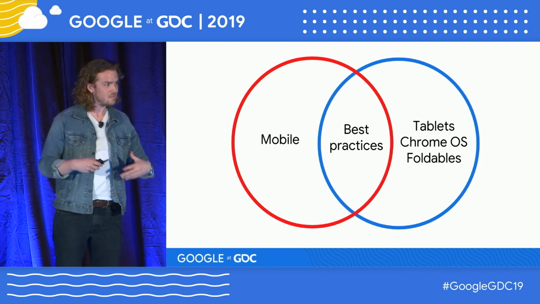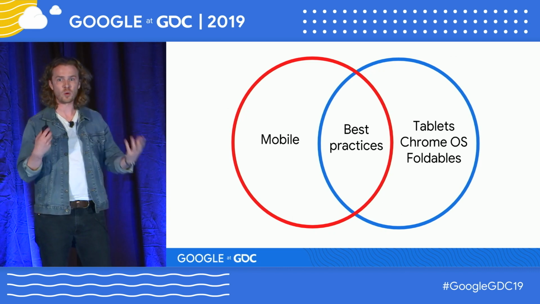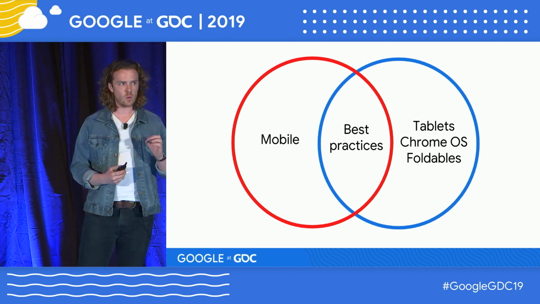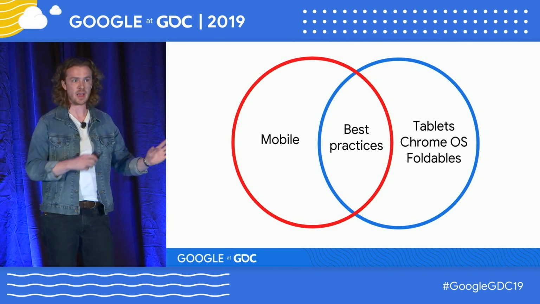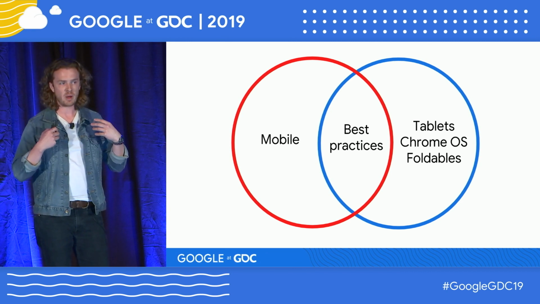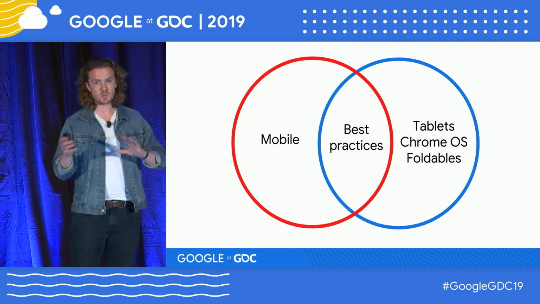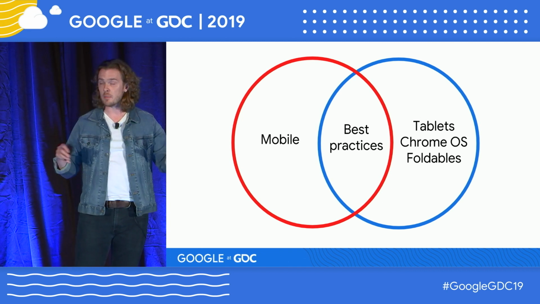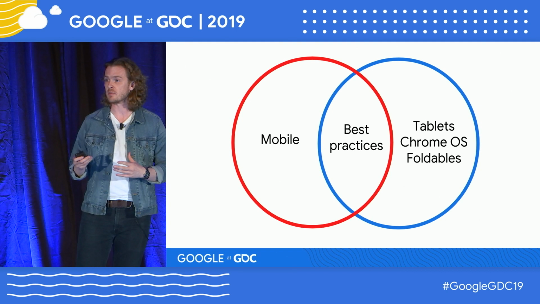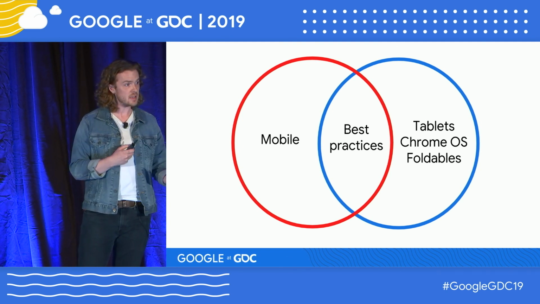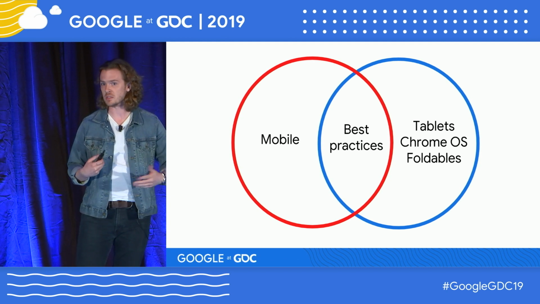Now, I realize that the words new platform, or supporting an additional platform, is kind of scary for a lot of developers. But what I really want to stress here is that this is all still Android. And by following the Android best practices, you're going to get a great baseline experience and compatibility across all these different devices. So certainly there are things you can add specific to foldables or tablets or Chrome OS.